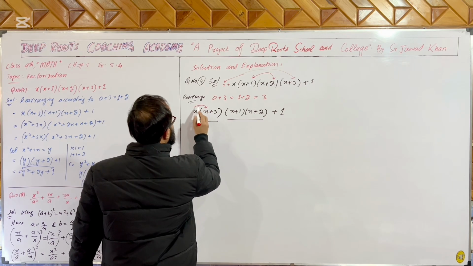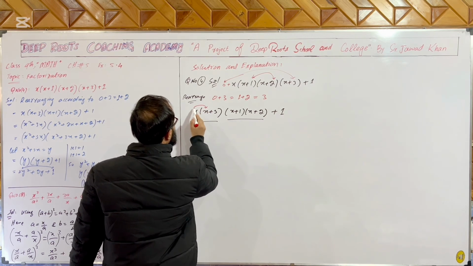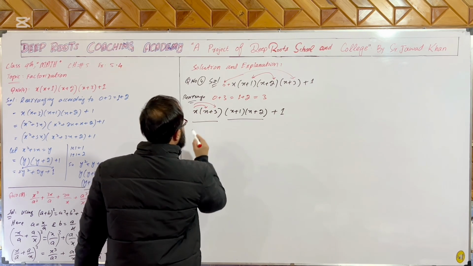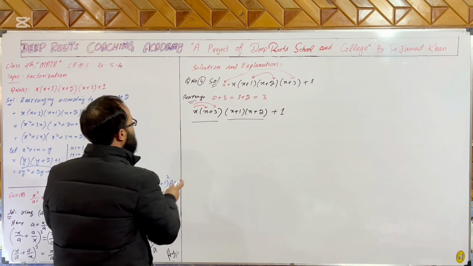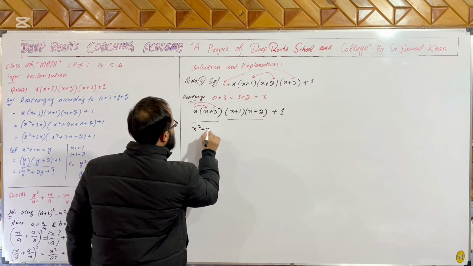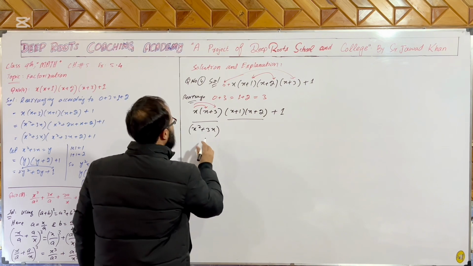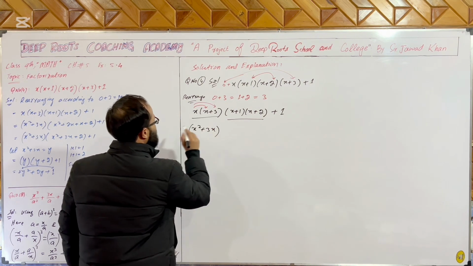For example, I am multiplying these terms, so x will be multiplied with this and with this as well, so it will give us x square plus 3x. Enclose it, as this is separate.